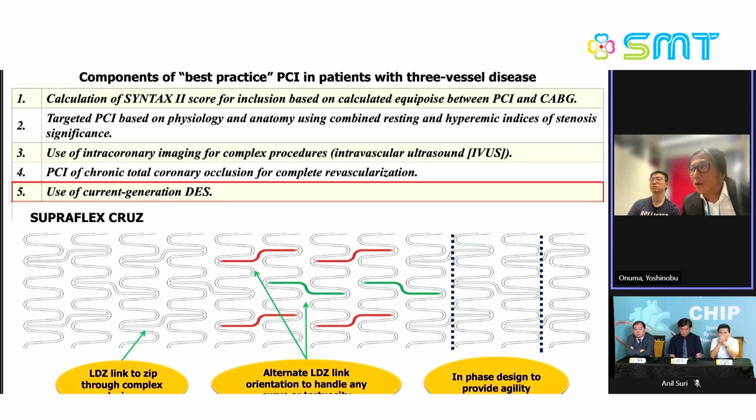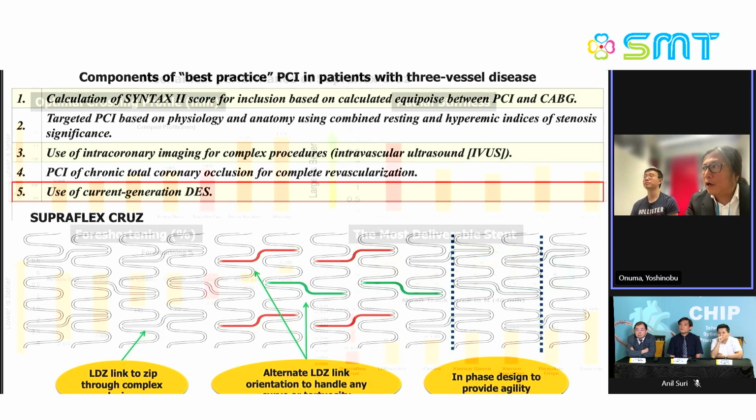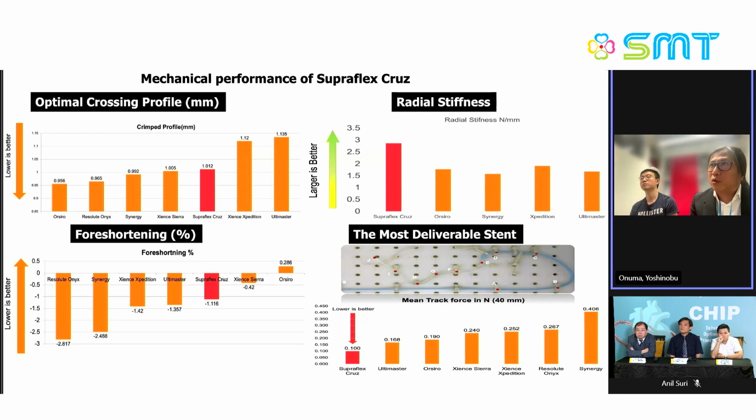And as you may already know, the Supraflex Cruz has a very unique stent design. There is an alternate Z-link between the valley to valley of the crowns, and that can be an in-phase design to provide agility, and it has quite good mechanical properties: foreshortening, optimal crossing profile, radial stiffness, and deliverability, which is very good.